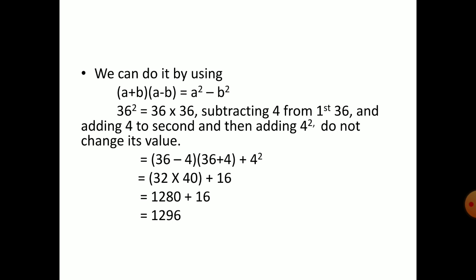Without loss of generality we can write it as 36 minus 4 into 36 plus 4, and whatever we are subtracting, 4, is added back as plus 4 square. 4 4s are 16. 36 minus 4 is 32 and 36 plus 4 is equal to 40. Easily we can find 32 into 40 is 1280 plus 16 is equal to 1296.